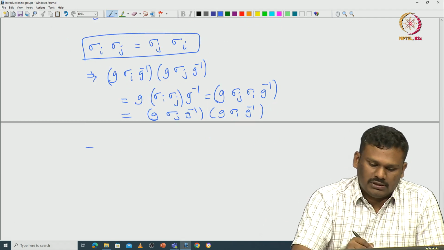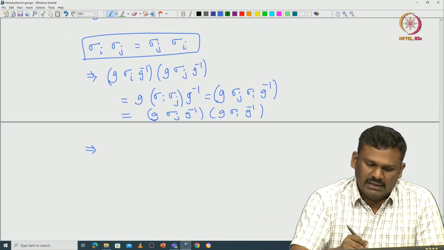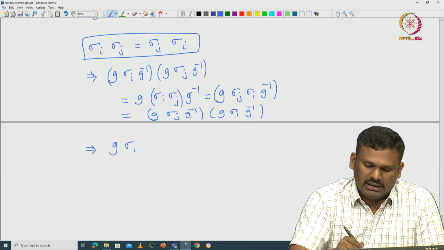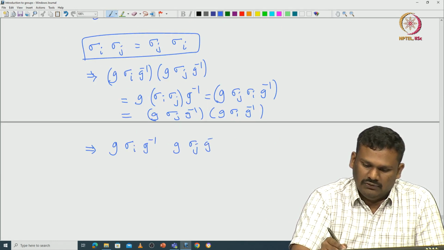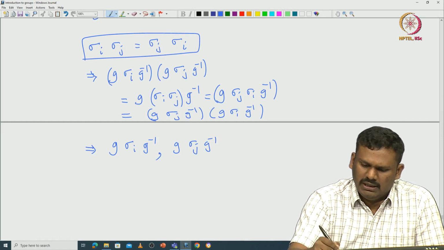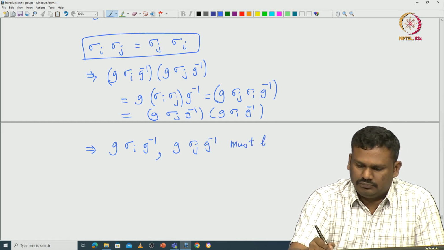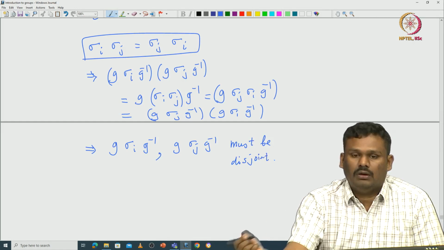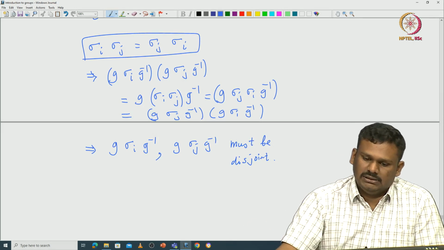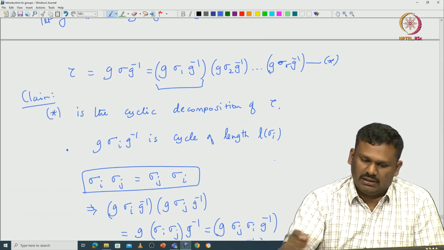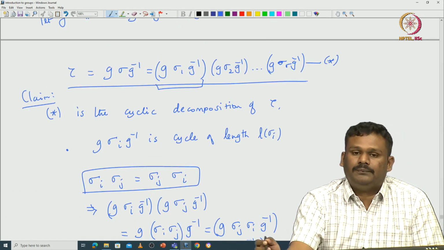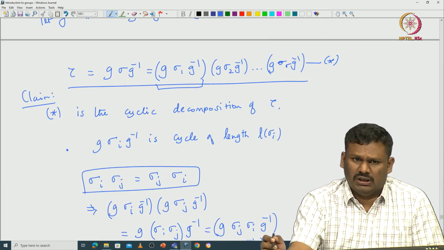And that will force, modulo our exercise, that g sigma i g inverse and g sigma j g inverse must be disjoint. So, that proves that the decomposition that we have here must be the cyclic decomposition of tau.